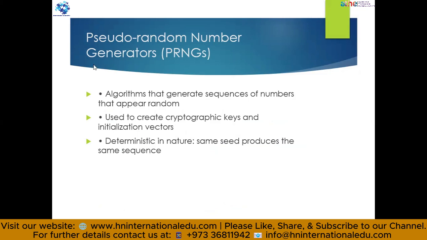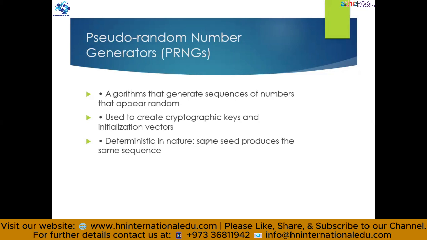Okay. Pseudo random number generation: algorithms that generate a sequence of numbers that appear random. Okay, and used to create cryptographic keys and initialization vectors. So basically a pseudo random number is used to create the cryptographic keys and initialization vectors.